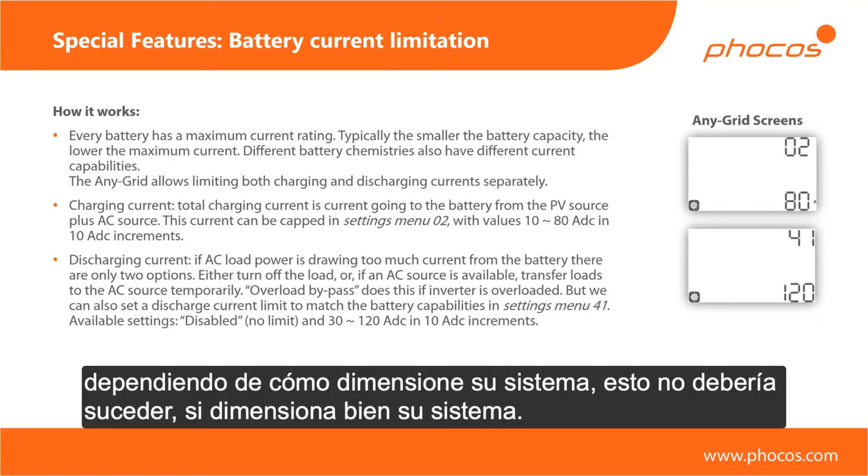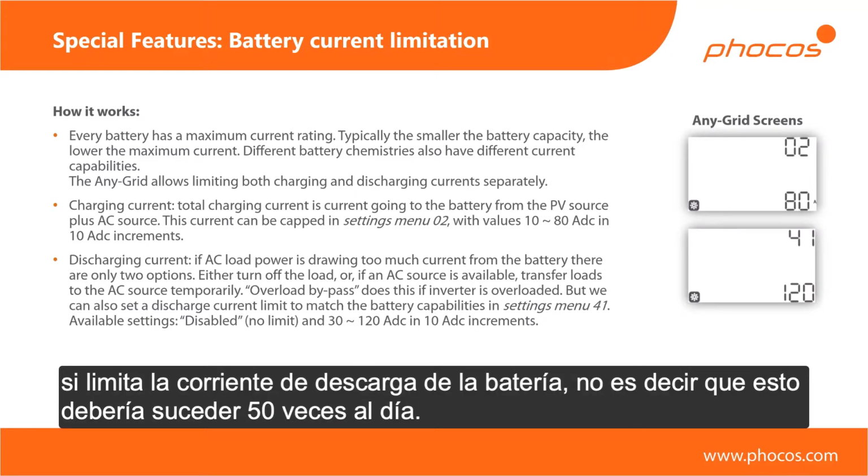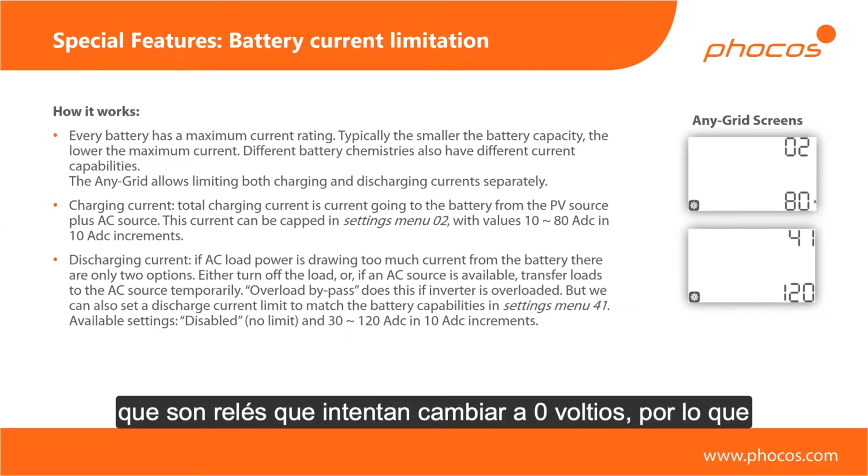depending on how you size your system, this shouldn't happen if you size your system well. This whole overload bypass thing, or in this case, if you limit the discharge current of the battery, that's not to say that this should happen like 50 times a day. Obviously, this is a hard switchover, so we have two relays involved, which try to switch at 0 volts.